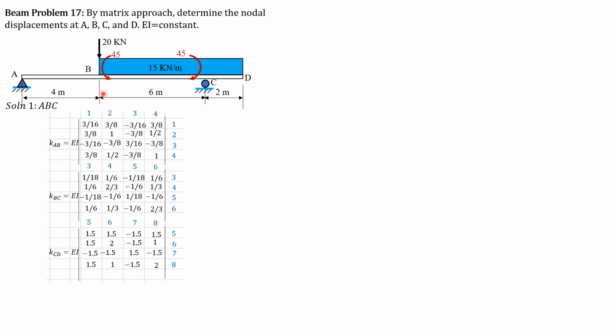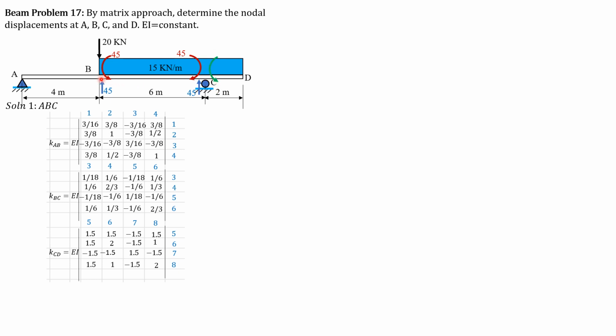Then the fixed force or the reaction here, which is not important at C because it is a support, is just 15 times 6 divided by 2, or 15 times 3, 45 kilonewtons also as shown. Then the moment of this overhang, not treated as fixed moment, but moment of the overhang, because we only consider ABC, is 15 times 2 times 1, so it is 30, and counterclockwise as shown.